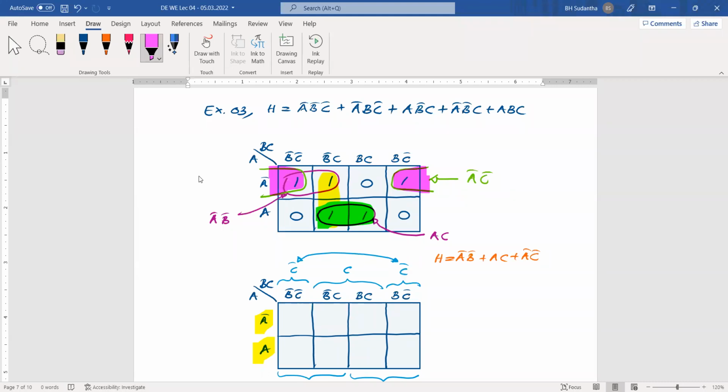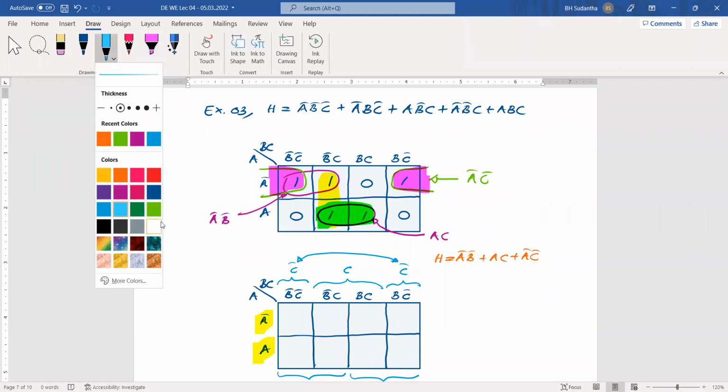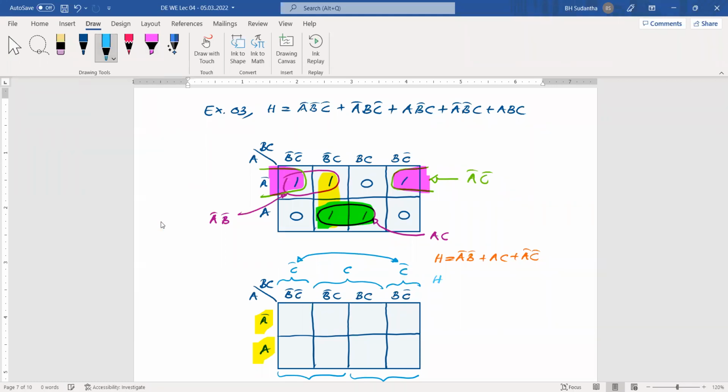That's why I mentioned there may be several other solutions. It's okay, but you have to cover all ones. Once you cover, you can cover it again only if it is necessary. If you do like this, then we will have a different equation.